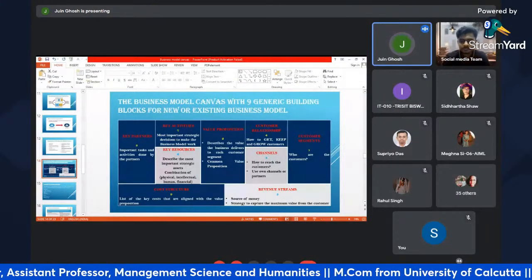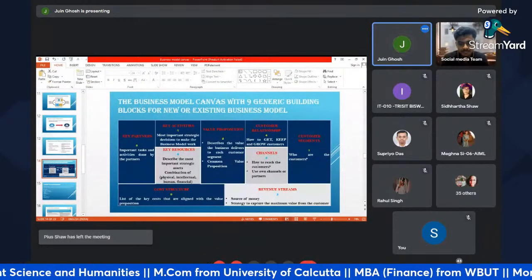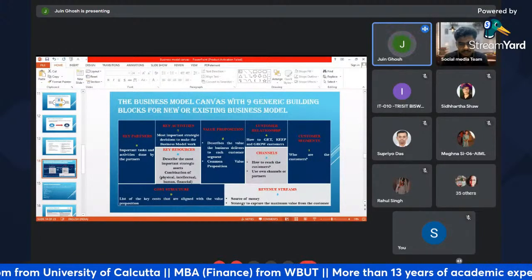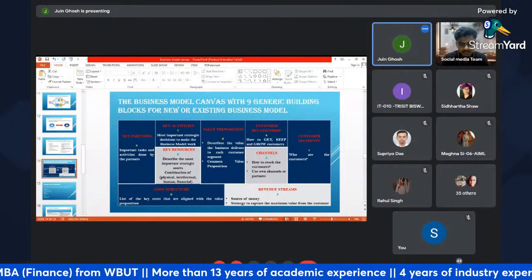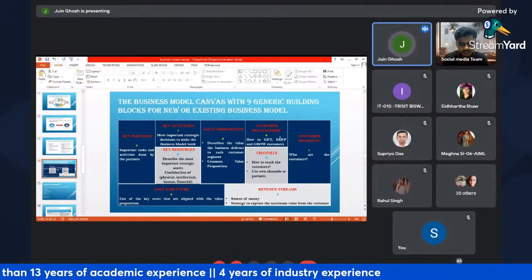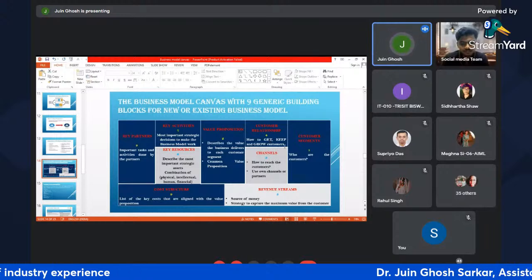Third one is channel. It is how to reach the customers. That is, what is the mode of transferring your product or service to your prospective group of customers. Fourth is customer relationship. That is how to get, keep, and grow the customer base.